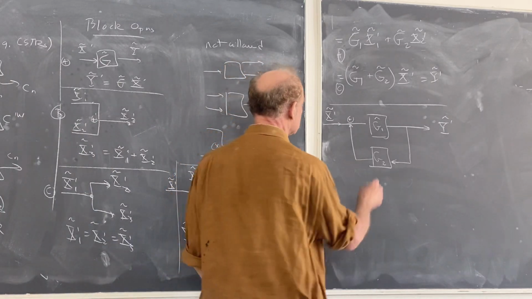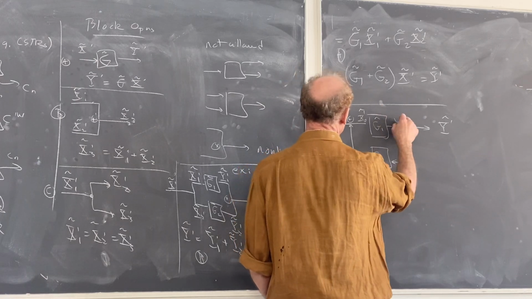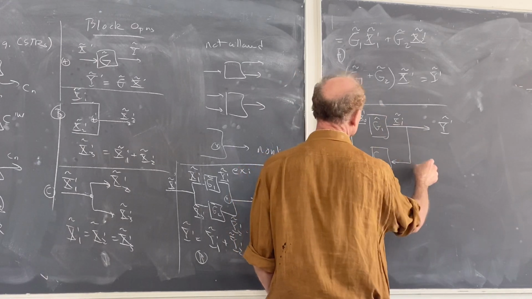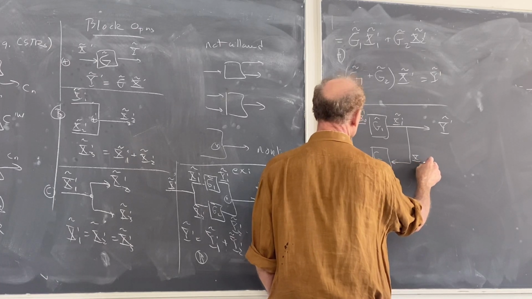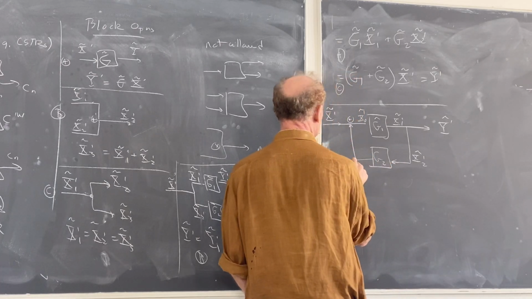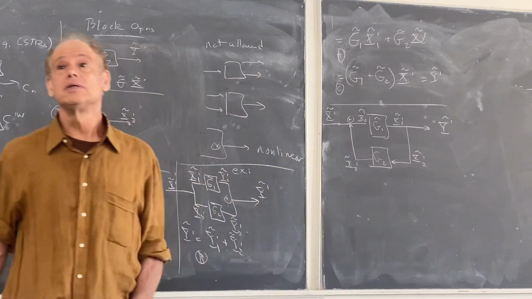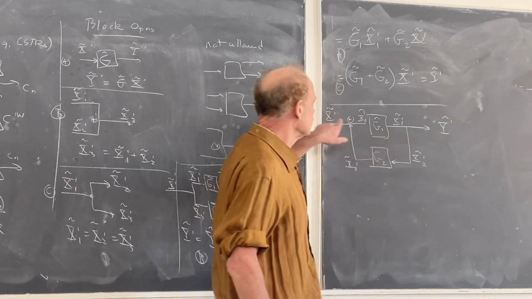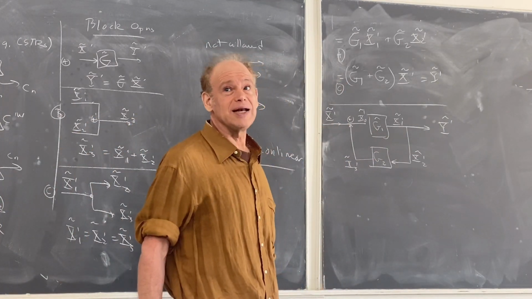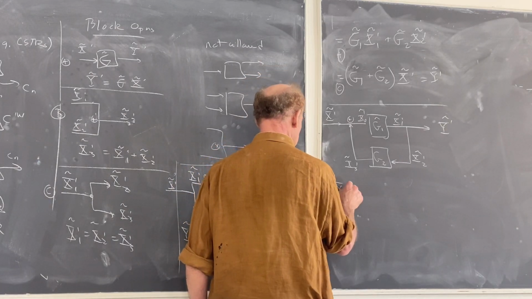So let's number this one, say, X0 prime tilde, X1 prime tilde, X2 prime tilde, X3 prime tilde. And I want Y prime tilde in terms of X prime tilde. So I'm going to need some help here. I want volunteers to help me.